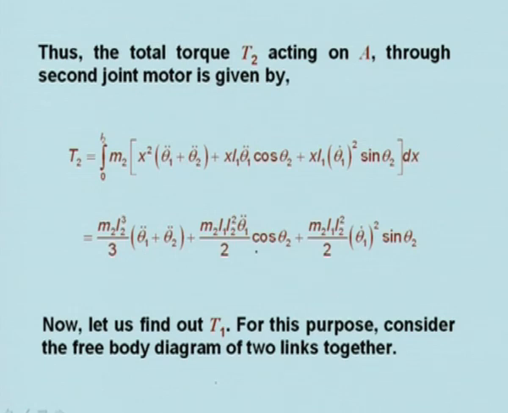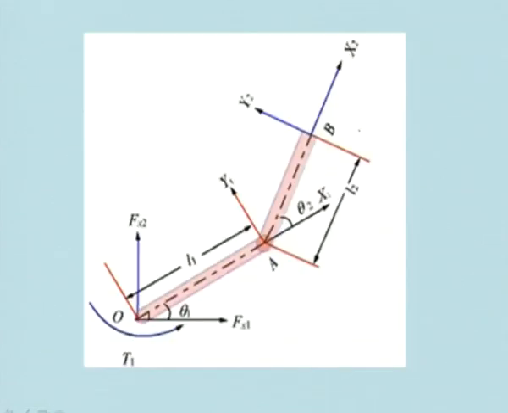Now, let us try to find T1, that means the torque for ring 1. For this purpose, consider the free body diagram of the two rings together.